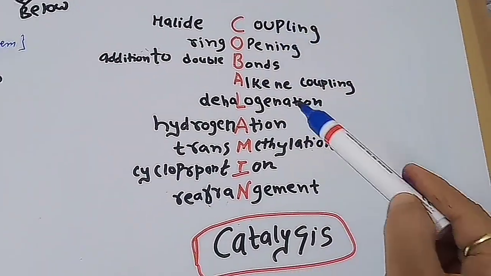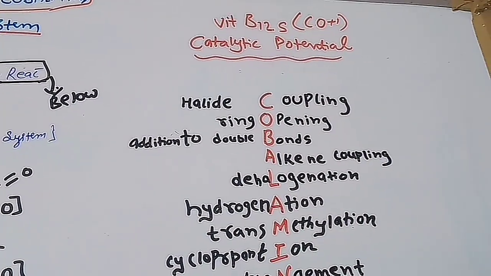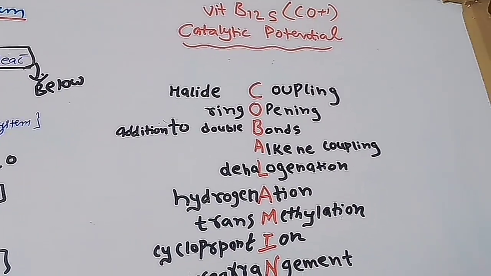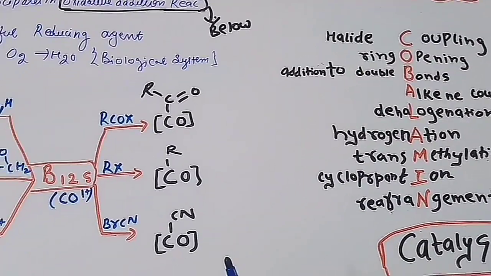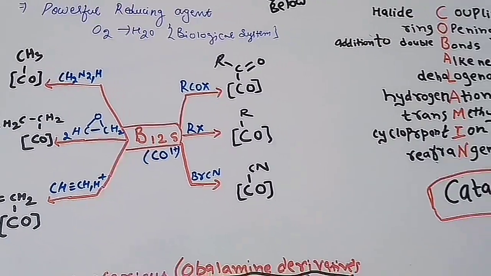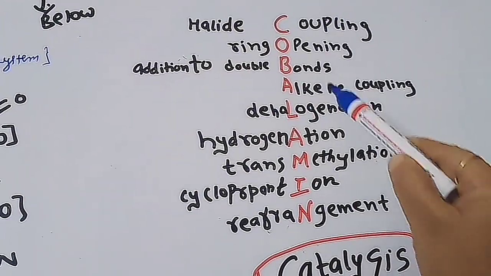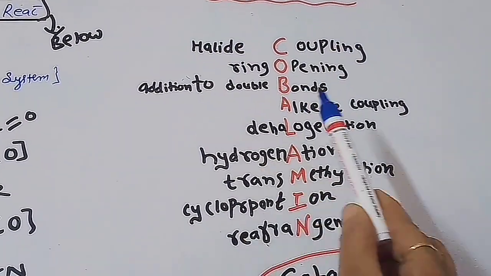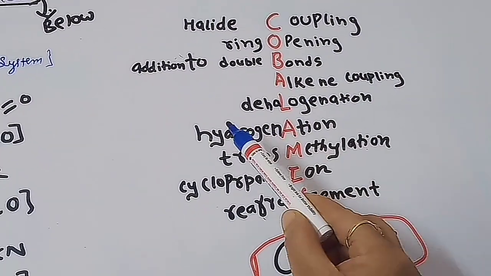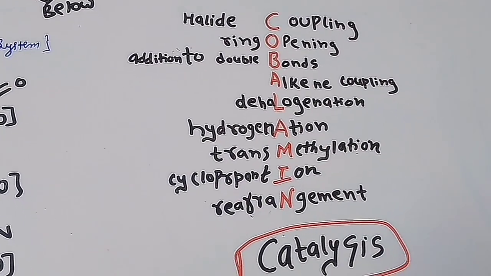This many catalytic reactions can be performed by vitamin B12S in the +1 oxidation state. So we can say it is a very useful vitamin. And now let us see the reactions in the form. If you want to take a screenshot, this is the full form of our cobalamin. It undergoes halide coupling, ring opening, addition to double bonds, alkene coupling, dehalogenation, hydrogenation, transmethylation, cyclopropanation, and rearrangement catalysis.